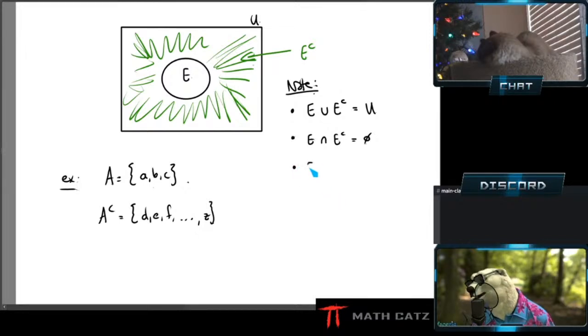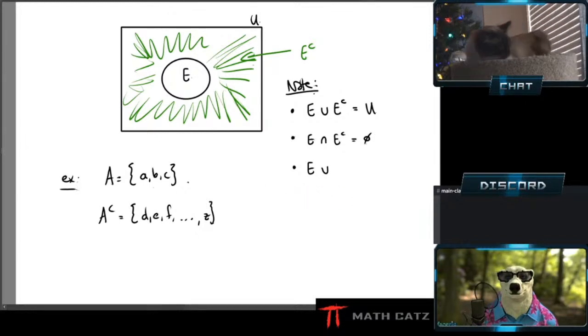Let's take a couple more. If I take any set E with the universal set, any set E intersection. No. Sorry. I don't think that's necessary here. We just need the complement now that I think about it. Yeah, this is enough.